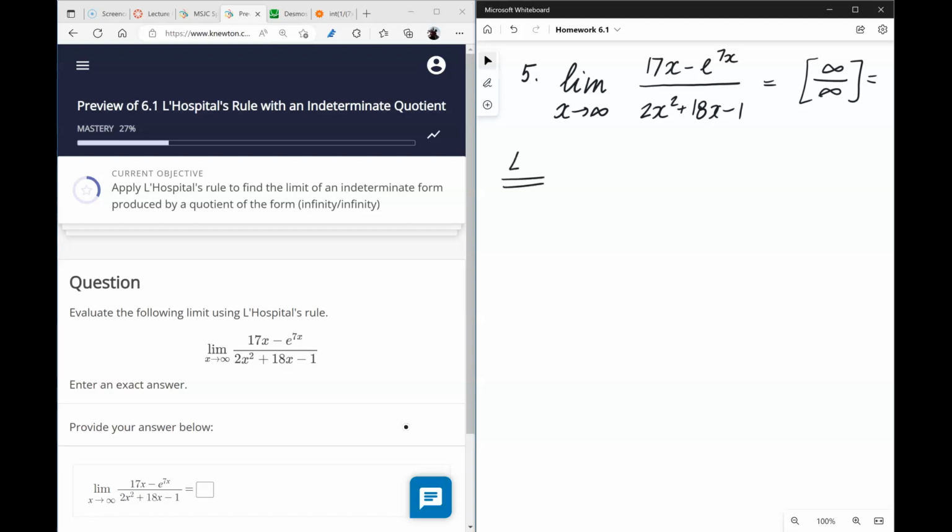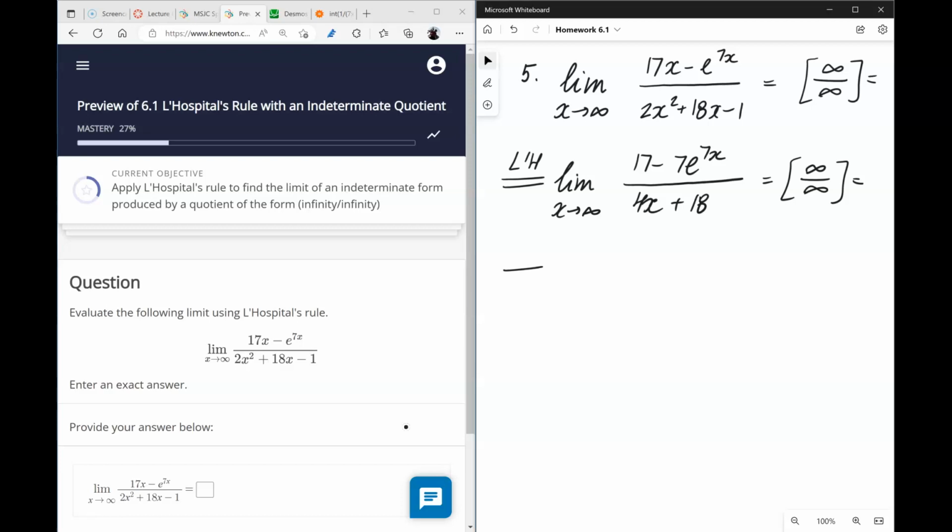We're going to do L'Hopital's rule. In the numerator, we have 17 minus 7e to the 7x. In the denominator, we have 4x plus 18, which results still in infinity over infinity. So we'll use L'Hopital's rule again.